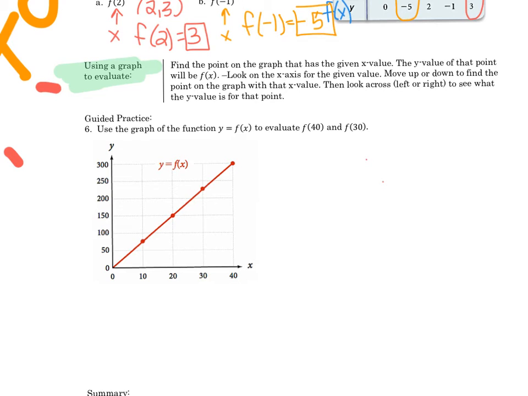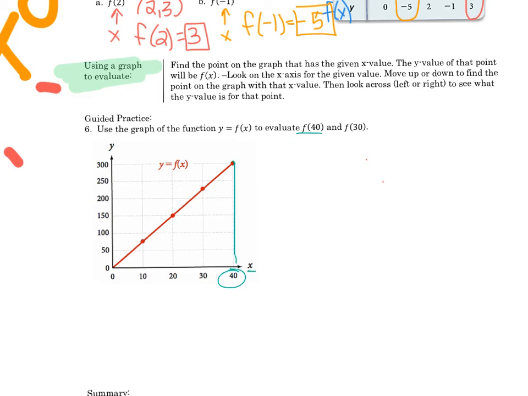Let me get some colors here. I'm going to zoom in too, because we all know I can't draw straight lines to save my life. So f of 40 is our first one. I'm going to find 40 down here on the x coordinate, and go all the way up till I reach that line.